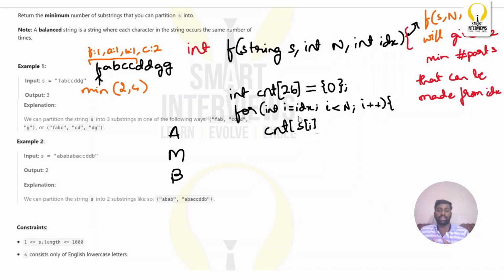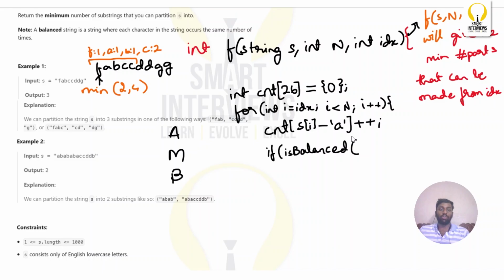What is going to be the index of s of i? It is going to be simply s of i minus smaller quotes a, because it was already mentioned that your s is going to have only lowercase English alphabets. So s of i minus a, and since we have already initialized with 0, we are going to simply increment. Now first I need to check if the current partition is valid or invalid or balanced or not. So if is balanced of, do I need the string?